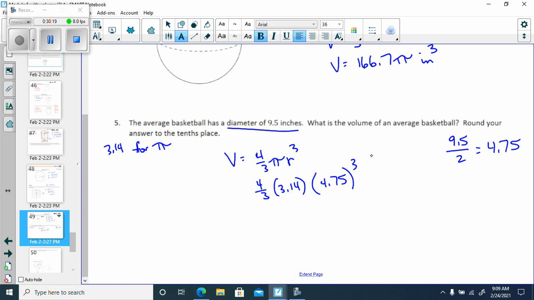In your calculator, 4 divided by 3 times 3.14 times 4.75 times 4.75 times 4.75, and that would give you 448.7. Your volume would be 448.7.